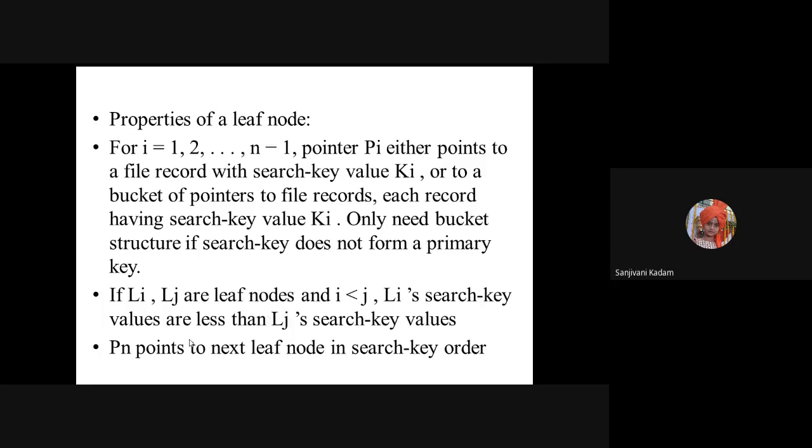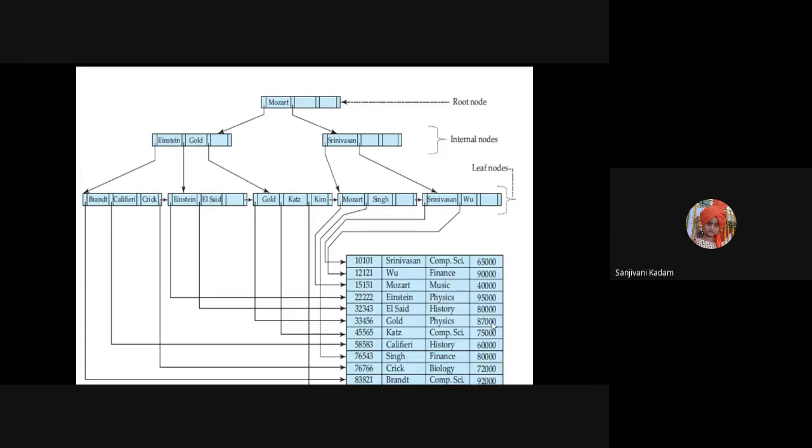Now next, if Li and Lj are leaf nodes and i is less than j, then Li's search key values are less than Lj's search key values.